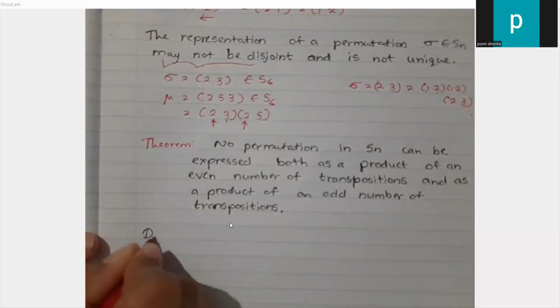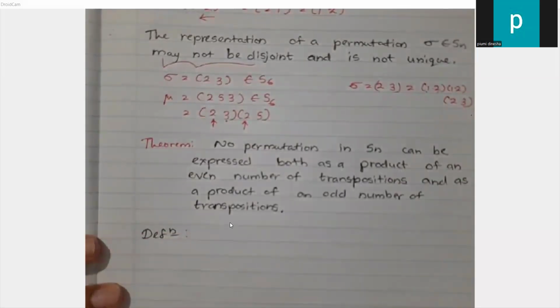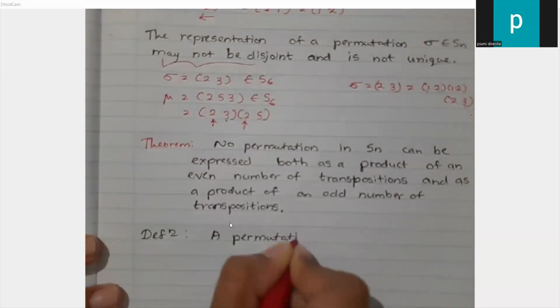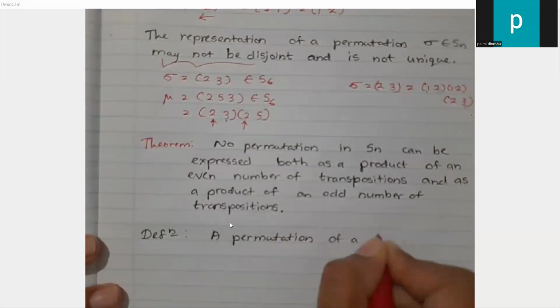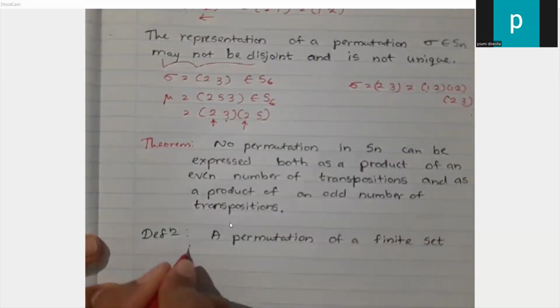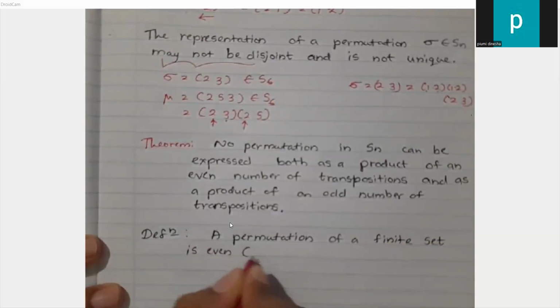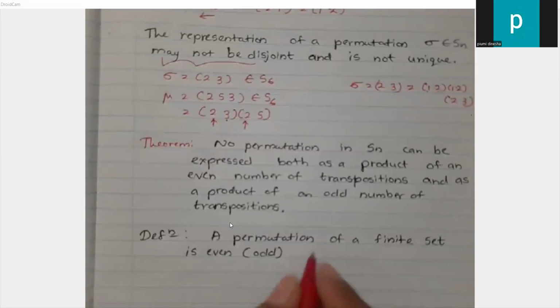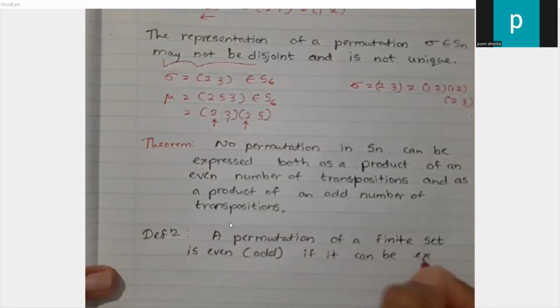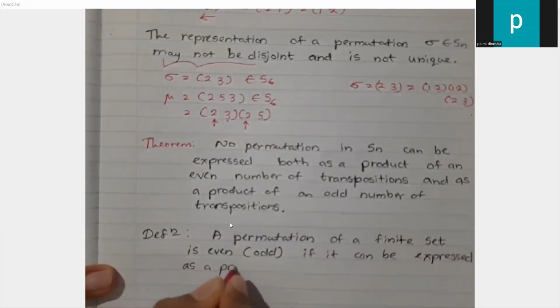Okay, so example. Okay, no, before this, we write this definition. A permutation of a finite set is even or odd, right? Even or odd if it can be expressed as a product of an even number of transpositions.